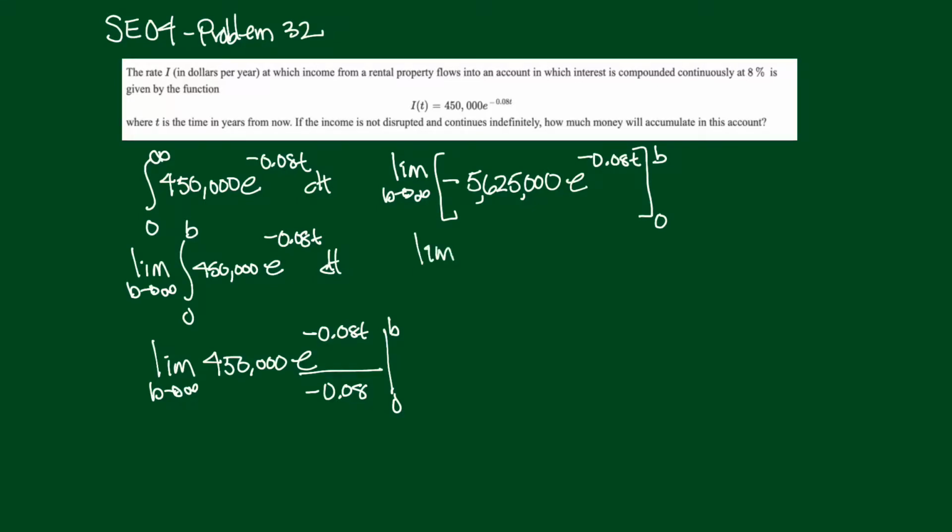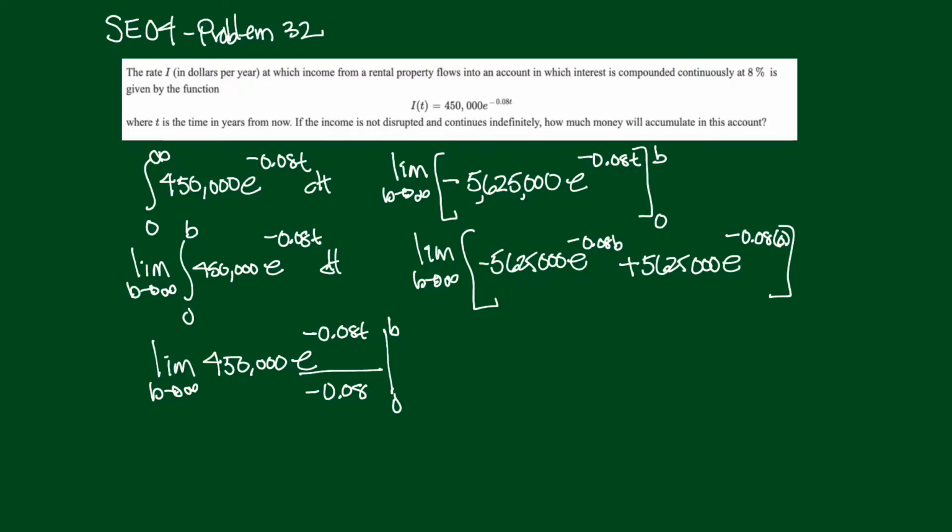This will be the limit as b goes to infinity of, all right, negative 5,625,000 e to the negative 0.08 b minus, a minus, right? So we get a plus. Plus 5,625,000 e to the negative 0.08 times 0.